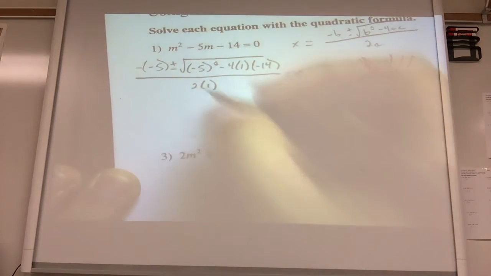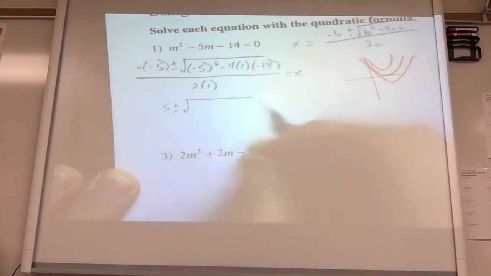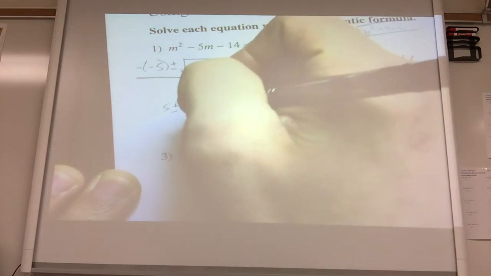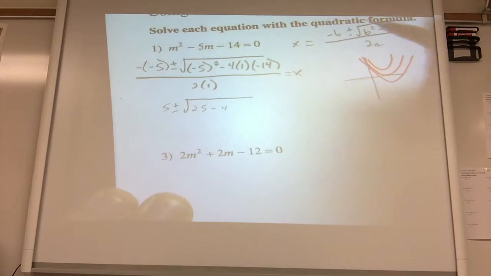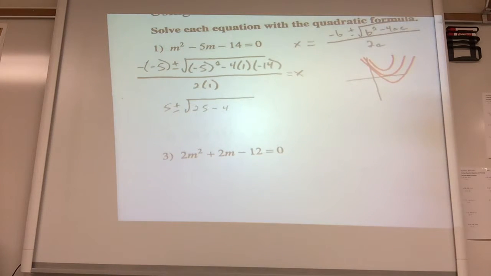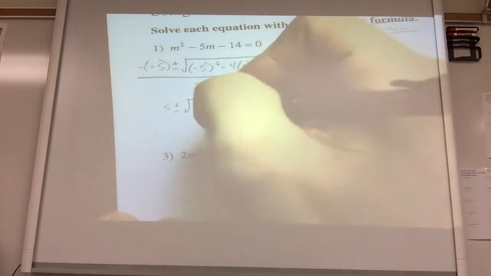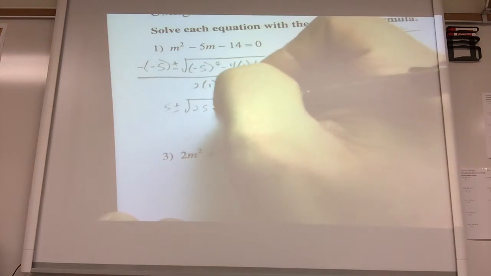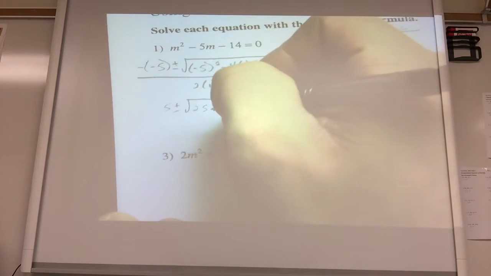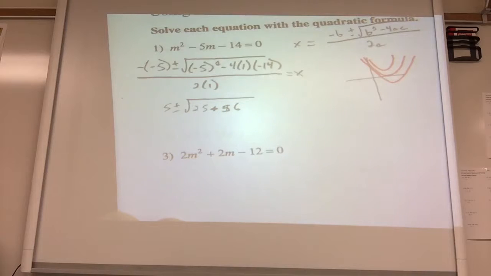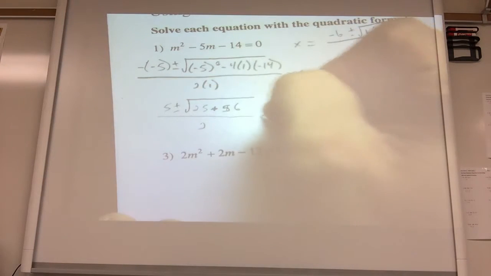So I have negative 5, so that's 5, plus or minus the square root of negative 5 squared, which is 25, minus 4 times 1 times negative 14. So 4 times negative 14, that's negative 56, and with the negative in front, it's plus 56, all over 2.